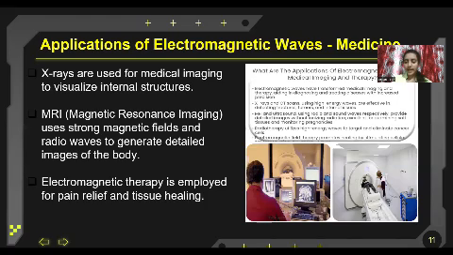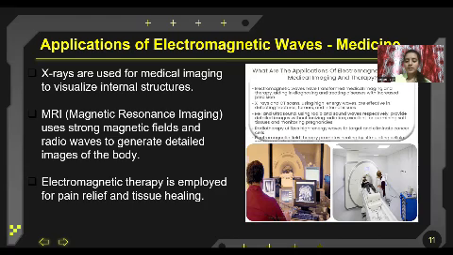These have transformed medical imaging and therapy by aiding in diagnosing and treating diseases with increased precision. X-rays and CT scans use high energy waves which are effective in detecting fractures, tumors and also the internal tissues.